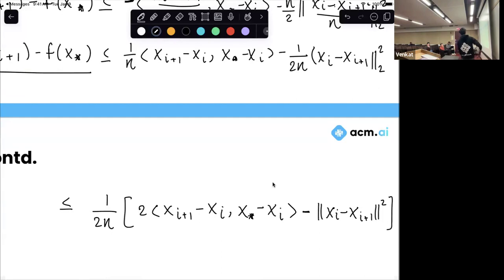Does everybody get how we went from this to this? Minus 2. Yes, there's the 2. Oh, the 2. Thank you. Are we all good with how we got here?